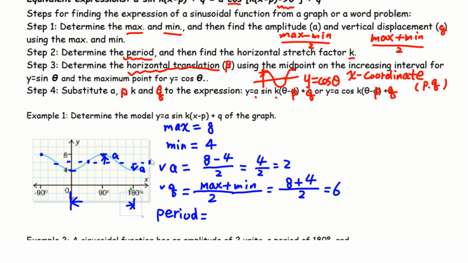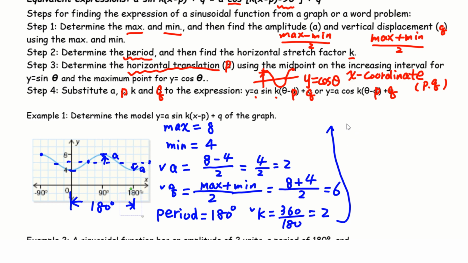This one is 180 degrees. So the period is 180, then the k value is how many cycles in 360. 360 divided by 180, you will see in 360 you have 2 cycles. So k is 2. So you have a, q, and k.